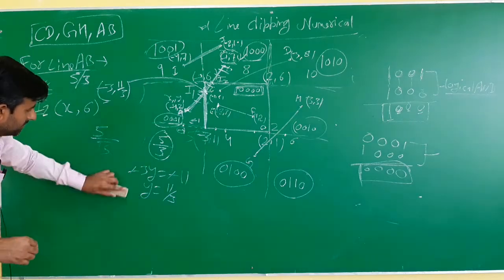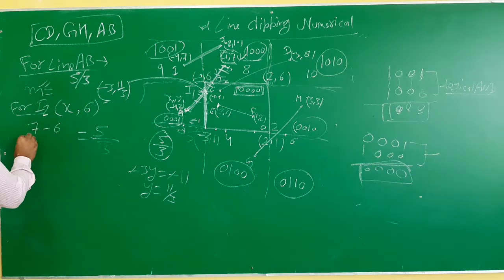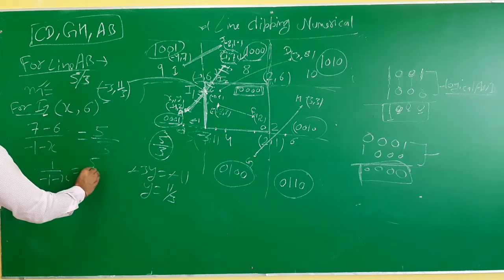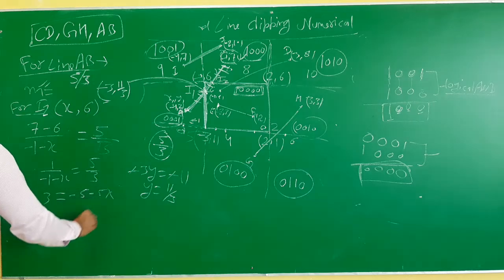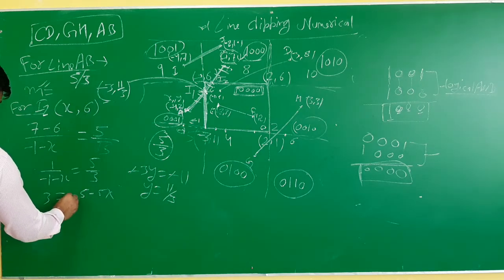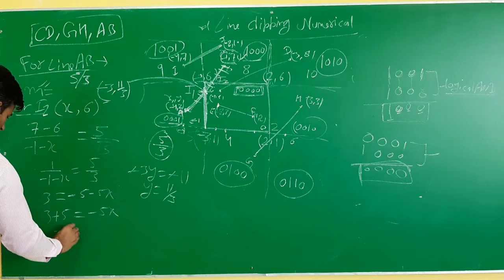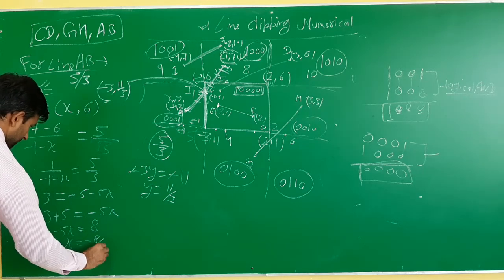We will find this from here. (y2 minus y1) upon (x2 minus x1) equal to 5 by 3. 1 upon minus 1 minus x equal to 5 by 3, 3 equal to minus 5x, 3 plus 5 equal to minus 5x, minus 5x equal to 8 and x equal to minus 8 by 5.